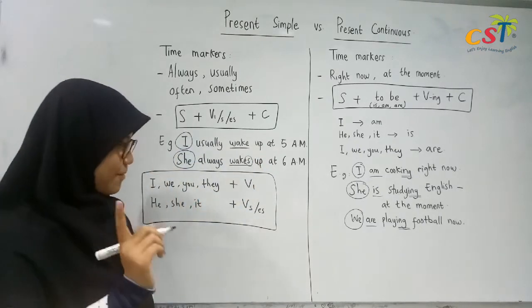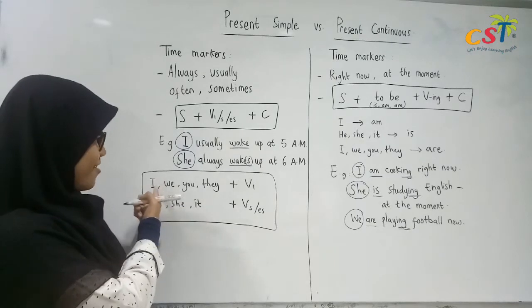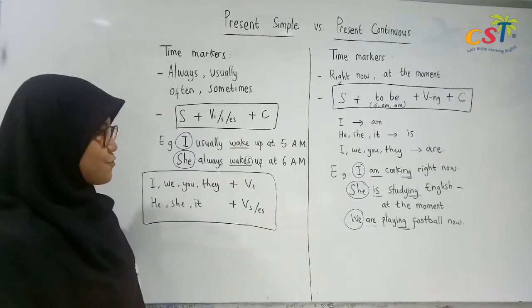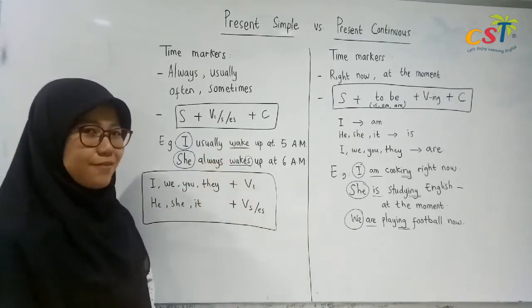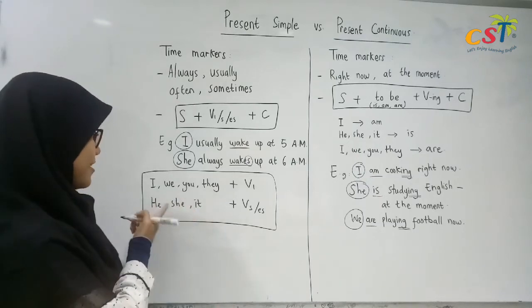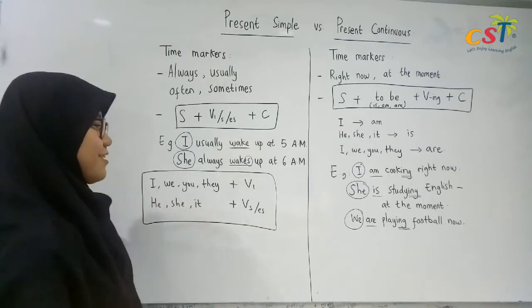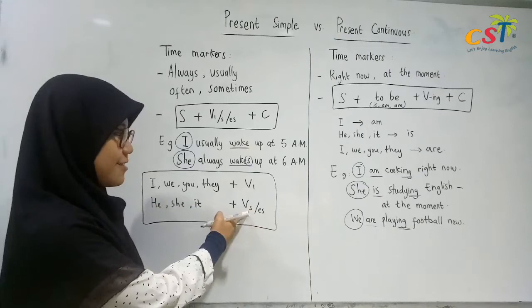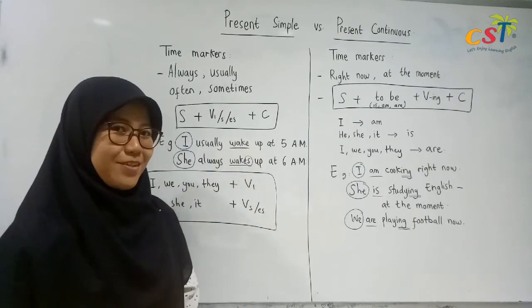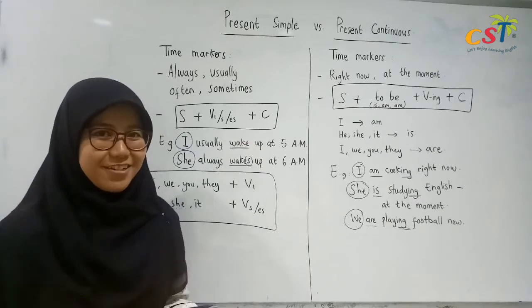So here, I'd like to remind you, if the subject is I, we, you, they, you have to write the verb 1 or verb infinitive without S or ES. But if the subject is he, she, it, remember, you have to add S or ES for the verb. Okay, Sean? So far, clear enough, right?